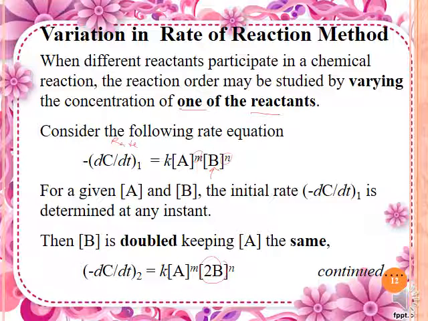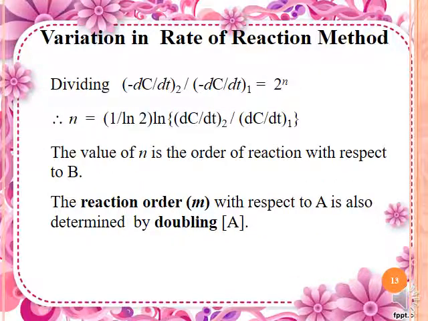Note that this has changed already, because we are changing the concentration here. So we divide negative dc over dt 2 by negative dc over dt 1, and we end up getting 2 to the power of n.